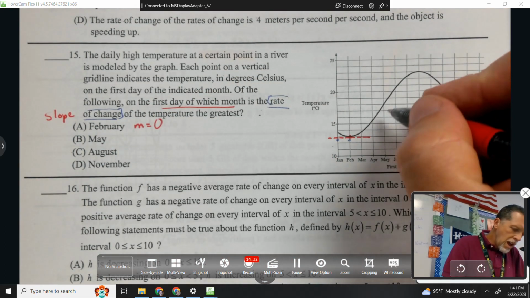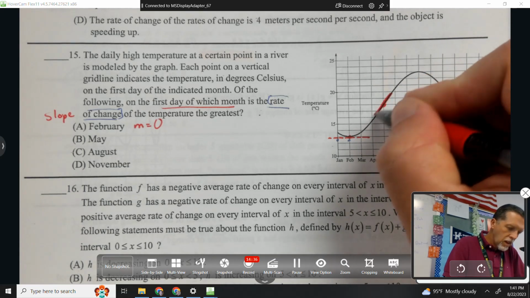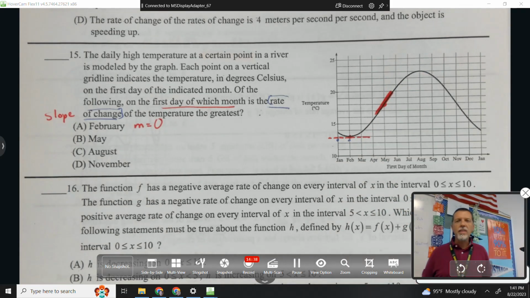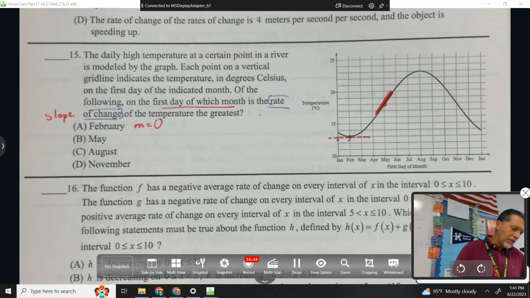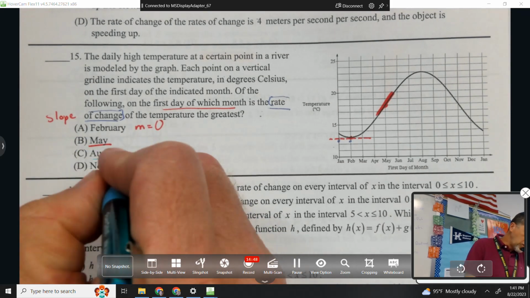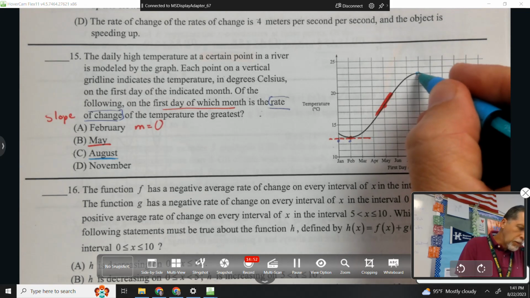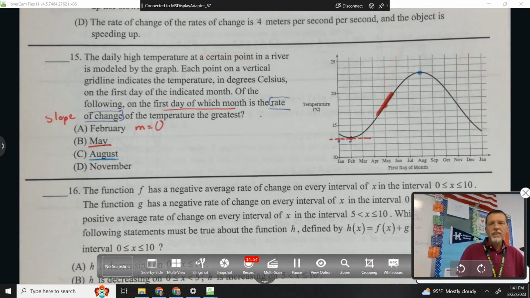On May 1, that slope is, I don't know what that is, so maybe I just better leave that and see if I can visually pick out a better answer. So May's in red. August I'll put in blue. What's the slope on August 1? 0.